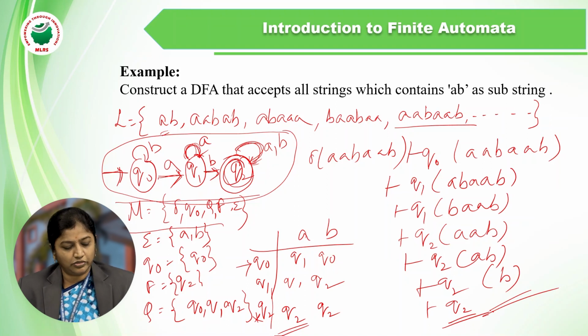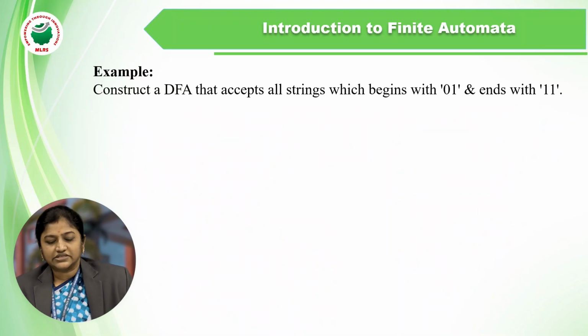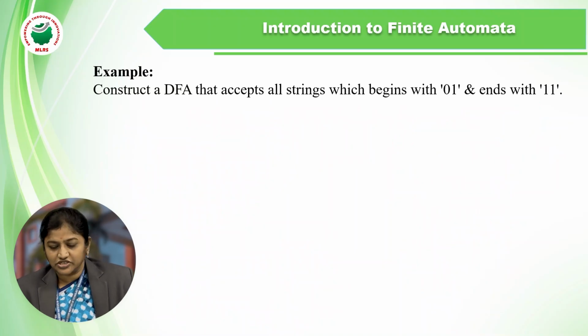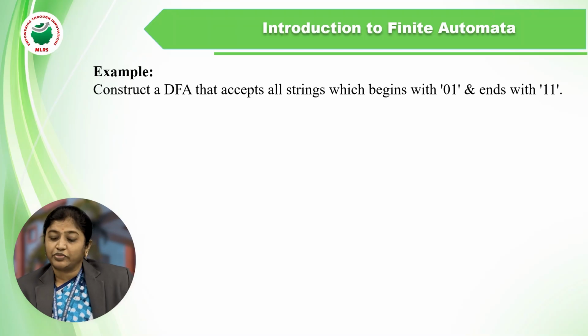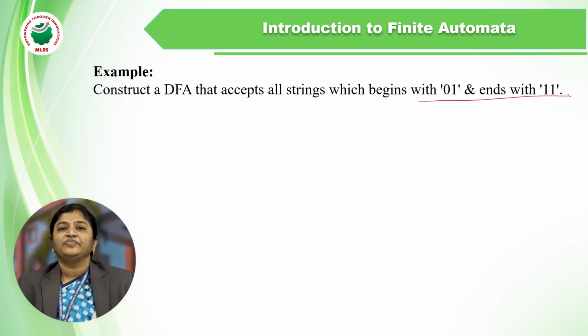Okay, shall we solve one more problem on this? Okay, see here. Construct a DFA that accepts all strings which begin with 01 and end with 11. What does this mean? The condition given is that the string begins with 01 and ends with 11. What are the possible strings here? 0111, right?